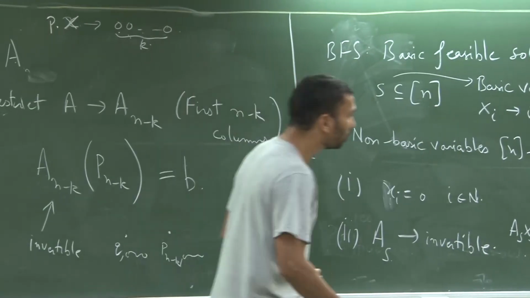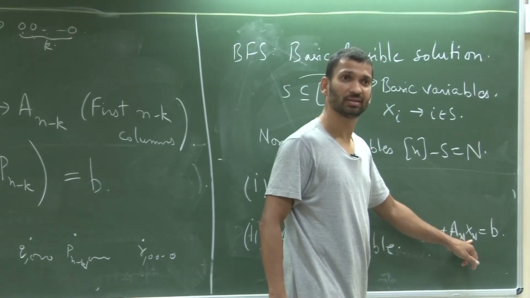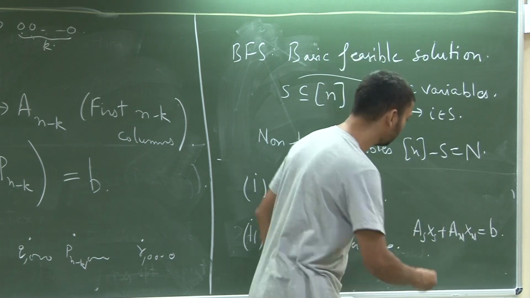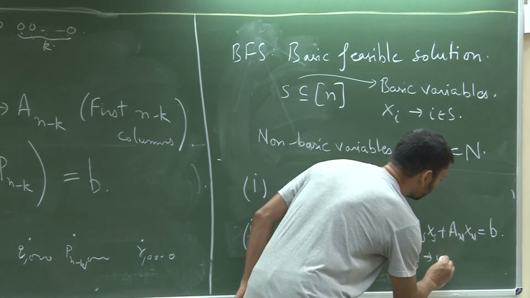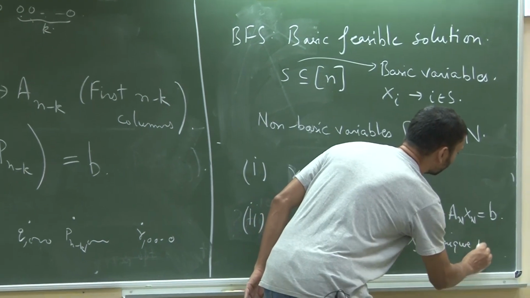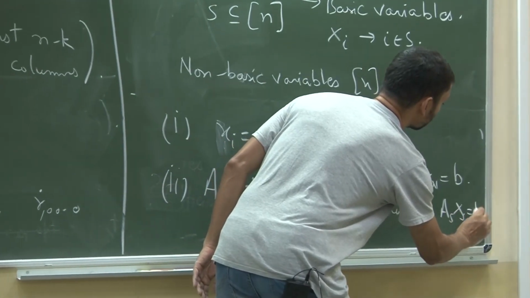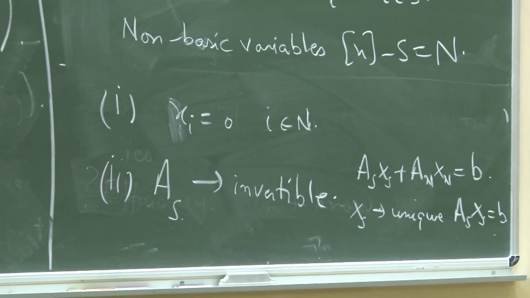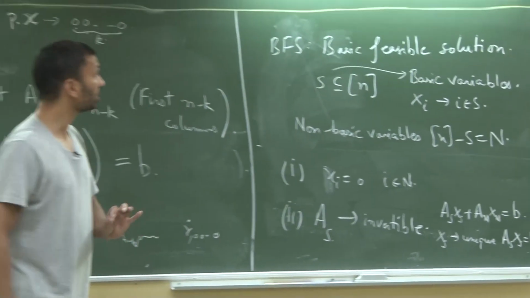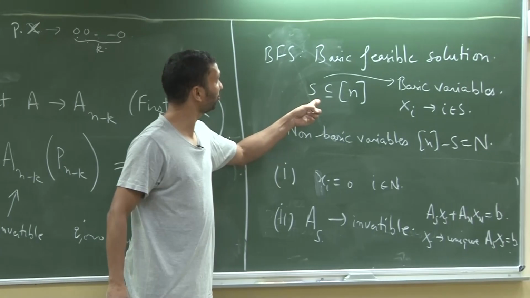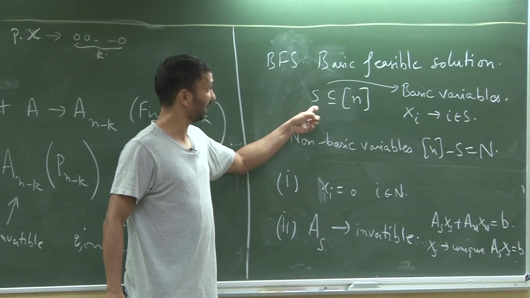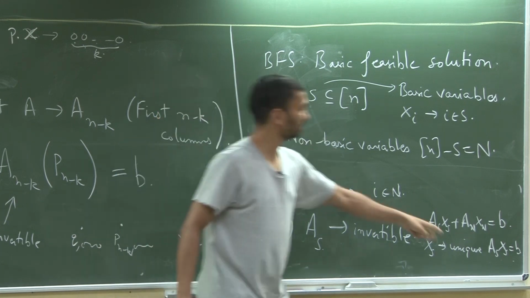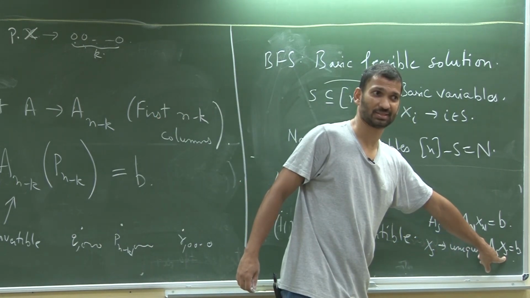Right? And now what do we know? X_N is 0, right? That means X_S is the unique solution for A_S X_S equals B, right? What it means is that if I fix my S, correct, then I get X_S.